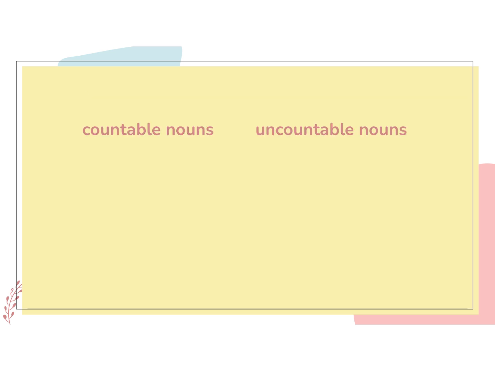Nouns can also be divided into countable nouns or uncountable nouns. Countable nouns are nouns that can be individually counted. 1 holiday, 2 holidays. 1 photo, 2 photos. Uncountable nouns cannot be counted individually.